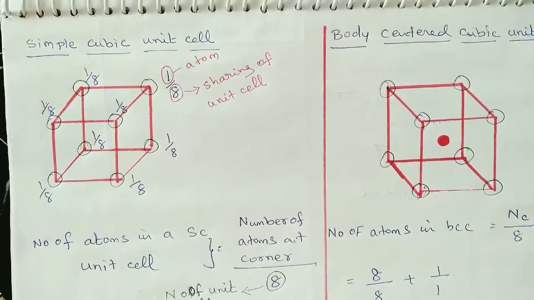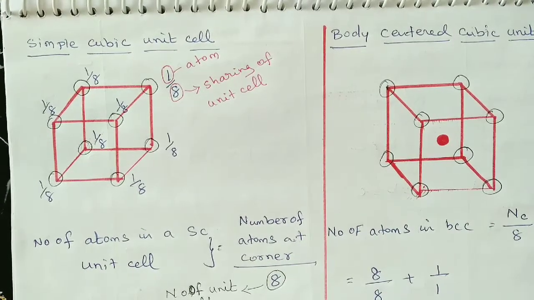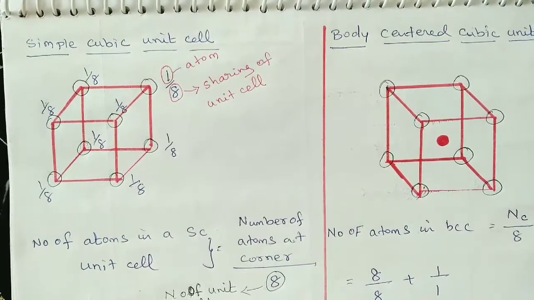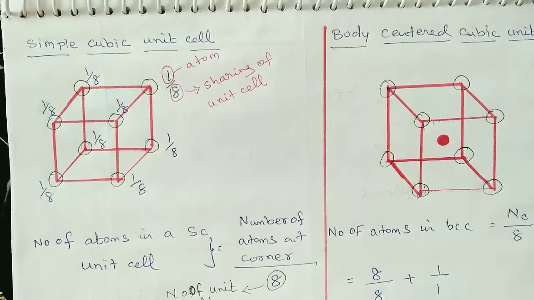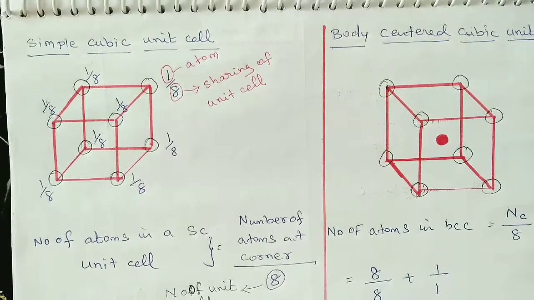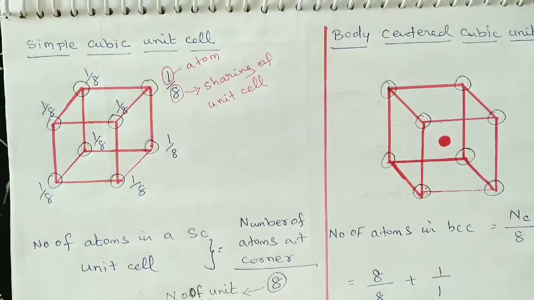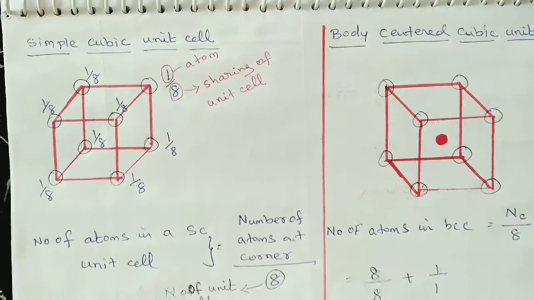We studied the difference between crystalline and amorphous solids and the classification of crystalline solids into ionic crystals, covalent crystals, etc. Next we studied the primitive and non-primitive unit cells with examples, the 7 primitive crystal systems, and the Bravais lattices, 14 Bravais lattices.